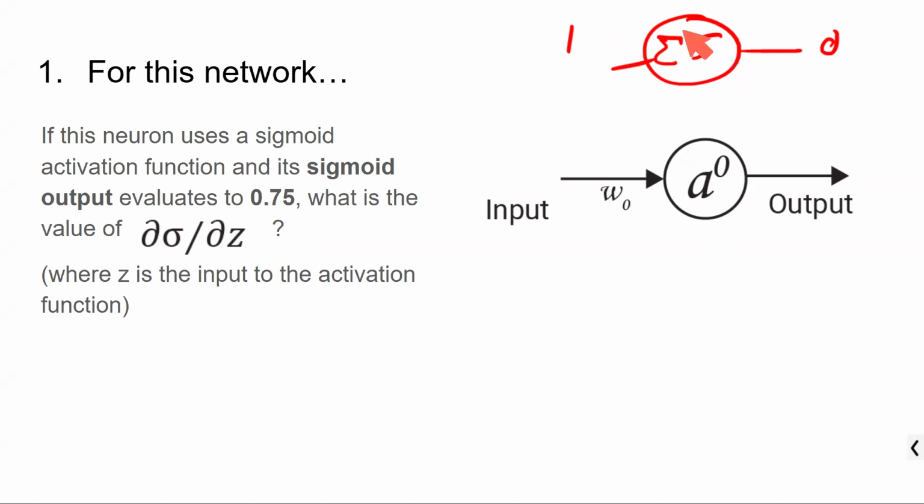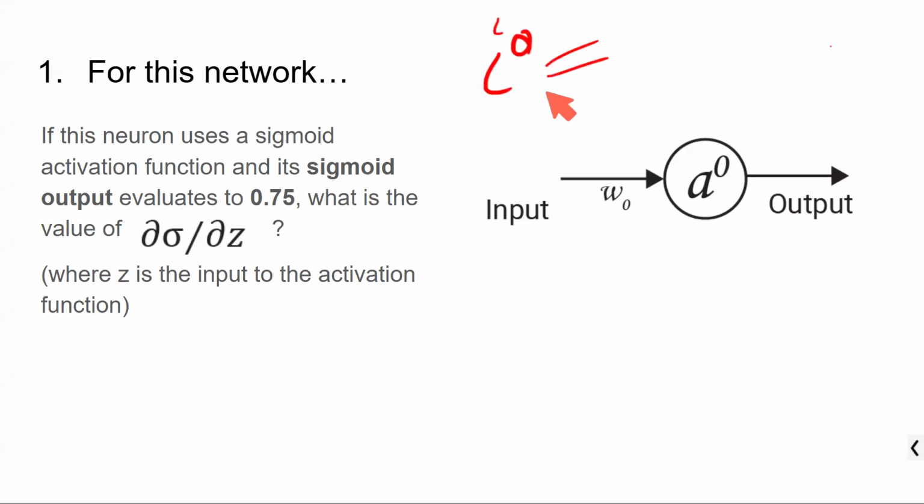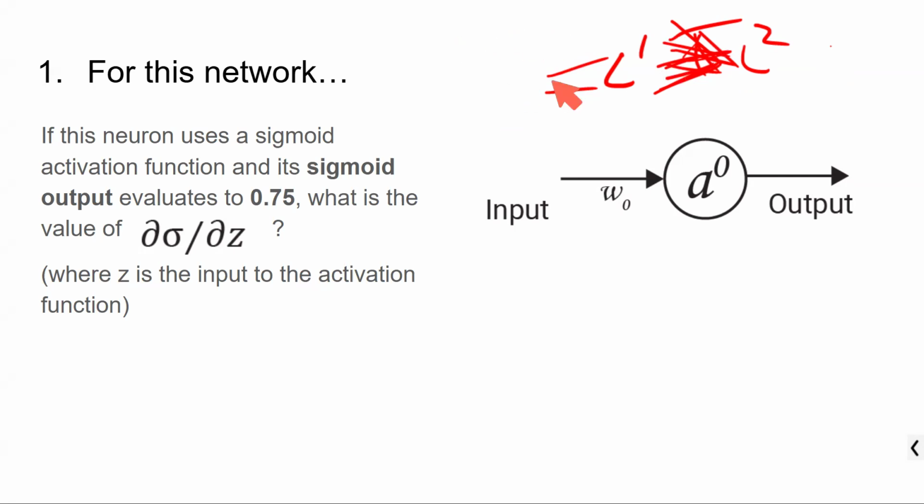And we typically work from left to right, where if I have some layer, I'm going to have layer 0, and then these are going to feed into layer 1, and then all these connections would feed into layer 2 and stuff like that. So that superscript is referring to which layer I'm living in right now. And my output in this case is just a single layer over here.